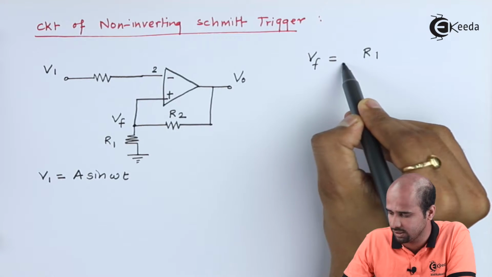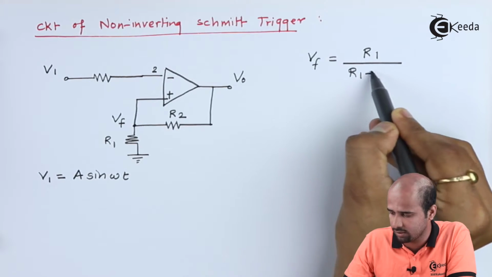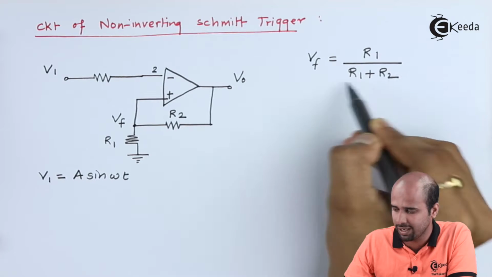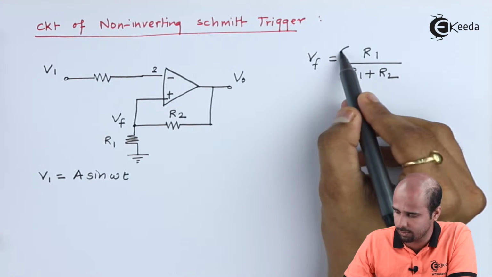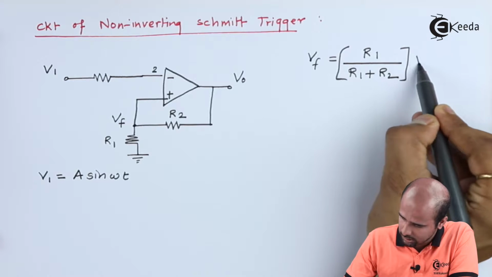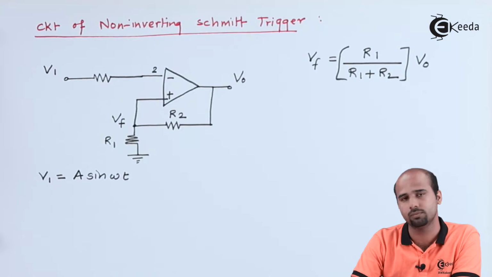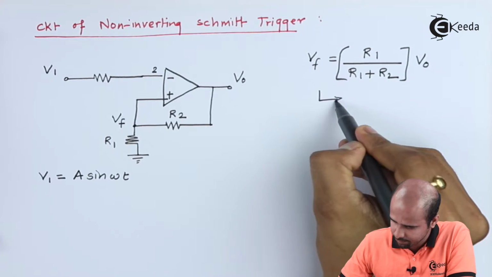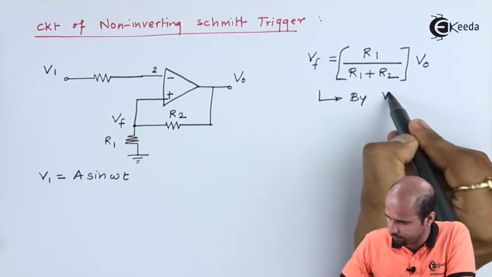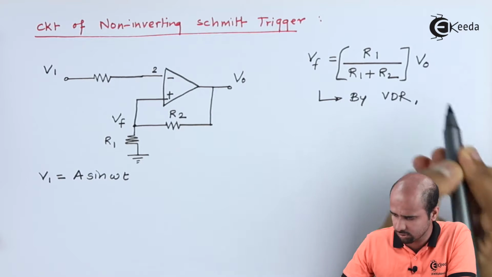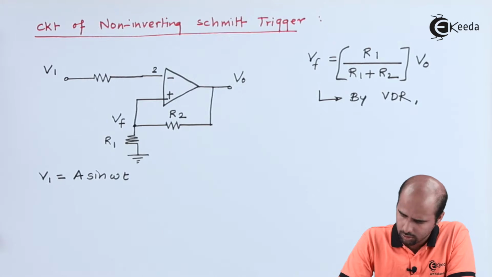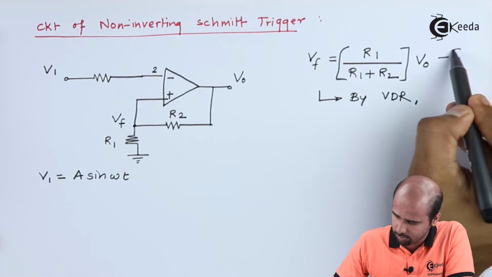Vf is equal to R1 divided by R1 plus R2. You can treat this as Rx Ry, no problem, there is nothing in a name, into VO, and this is done by VDR, that is voltage divider rule. We will take this as equation number 1.